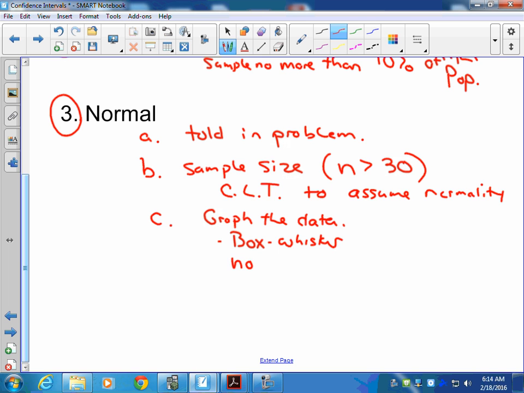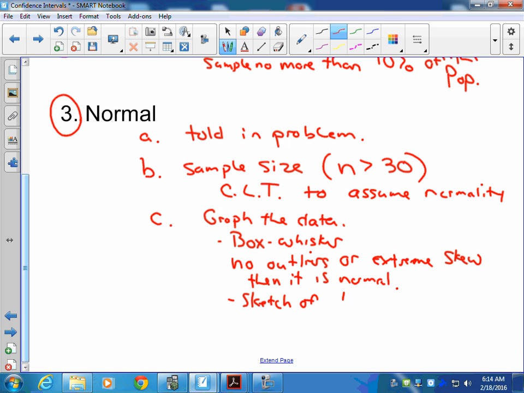So if there are no outliers or extreme skew, then it is normal. And you have to show a sketch of the box and whisker. You need to show that. Based on a box and whisker plot of our original data, there are no outliers or extreme skew, so we can assume that it's normal.